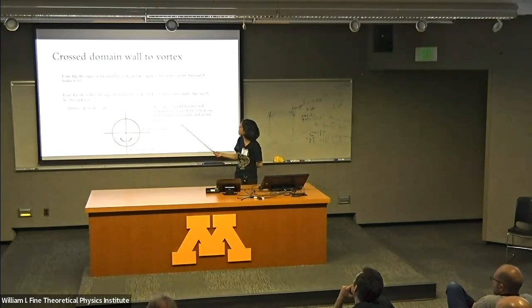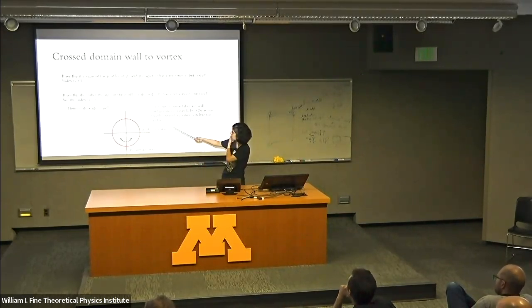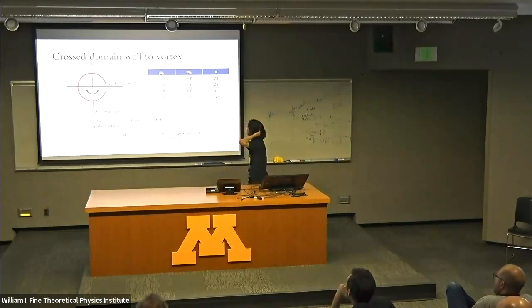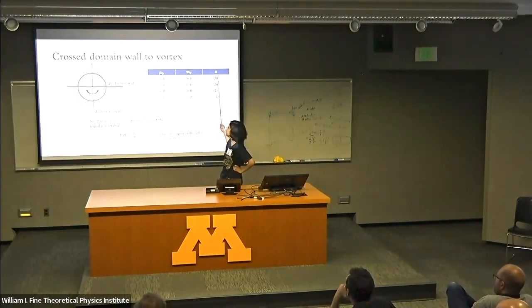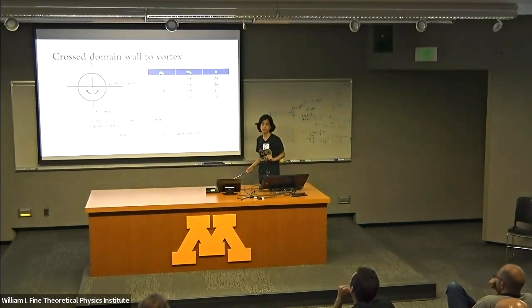Alpha winds by plus or minus 2 pi as one travels around the contour around the center. When mu0 and m0 are both greater than 0, alpha is plus 2 pi. When they are both less than 0, alpha is again plus 2 pi. If one of them is greater than 0 and the other less than 0, you get minus 2 pi. So practically, the index equals the winding of this angular variable.